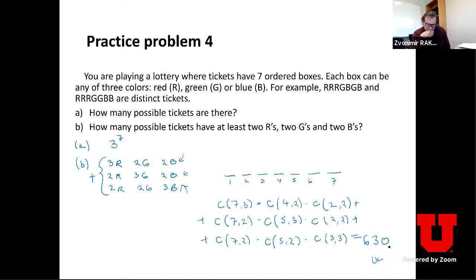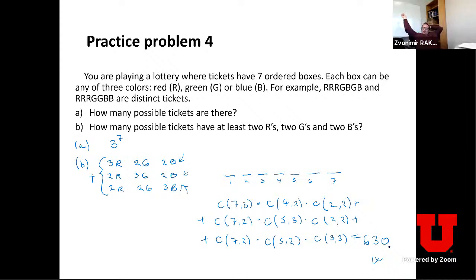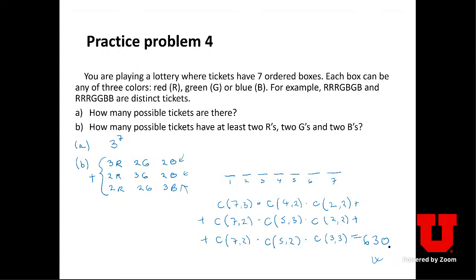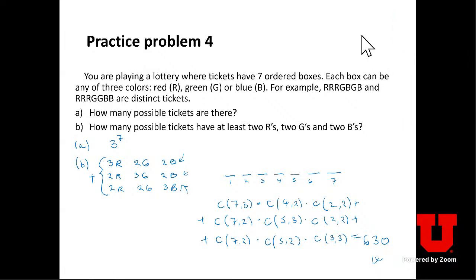So you choose 2 out of 7 for reds, then 2 out of 5 for the greens, and then 2 out of 3 for the blues. So instead of setting it up where it's the 3 individual ones, did you then multiply that by 3? Well, that's what I did, and I got 630.